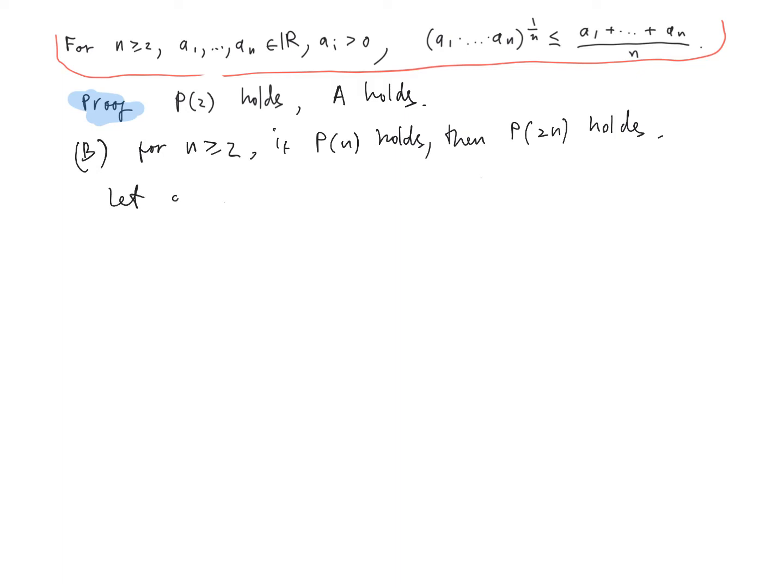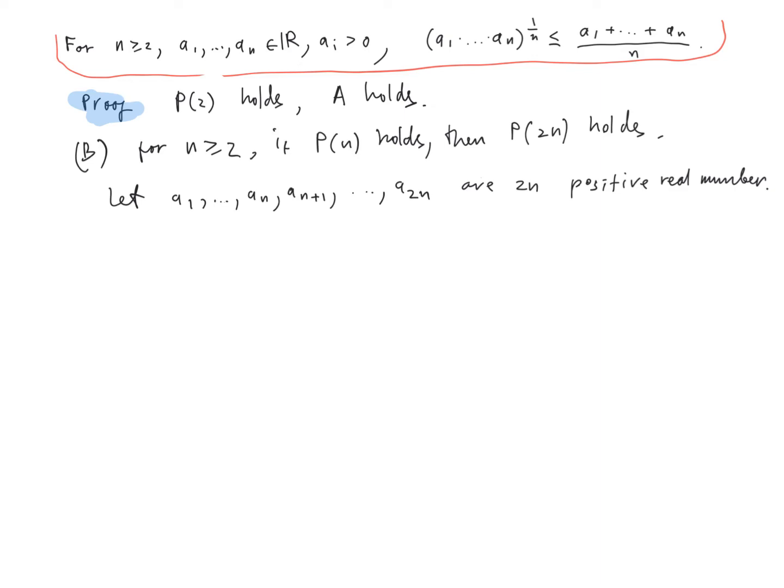So we start with a1 up to an, an plus 1 up to a2n, and we assume that all of these are 2n positive real numbers. So this corresponds to P of 2n, right? So our task is to estimate the product of these 2n real numbers from above.